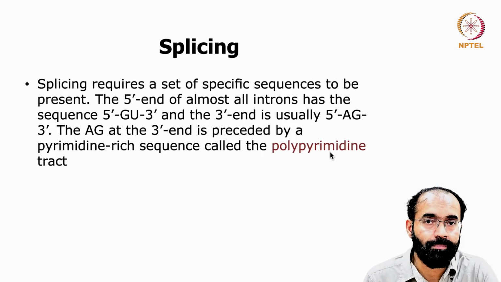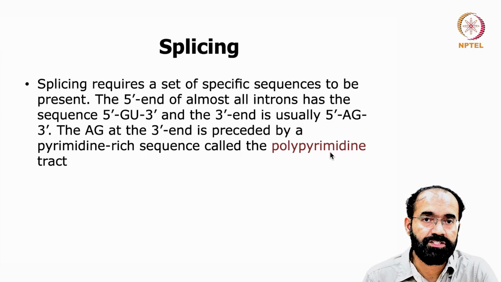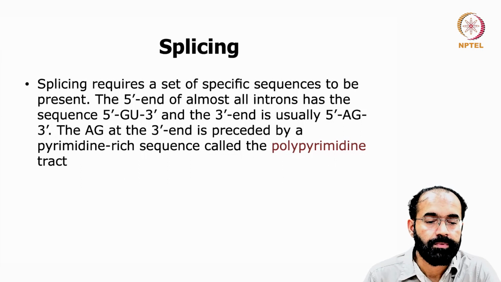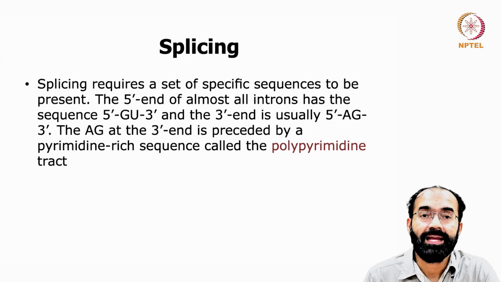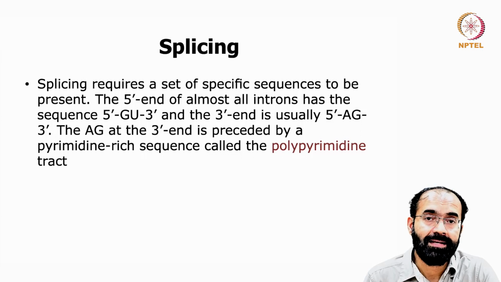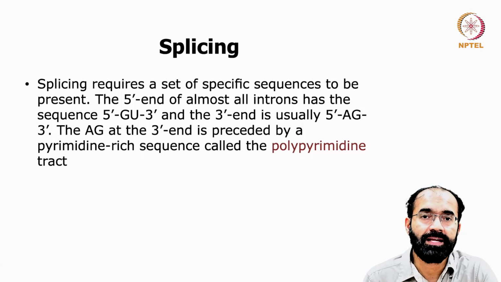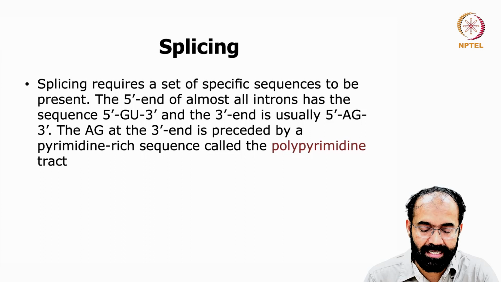So this has to be met, but no matter what, introns start with GU and end with AG. The AG at the 3' end is preceded by a pyrimidine-rich sequence called the polypyrimidine tract, and upstream of that you have a branch point that must be an A.